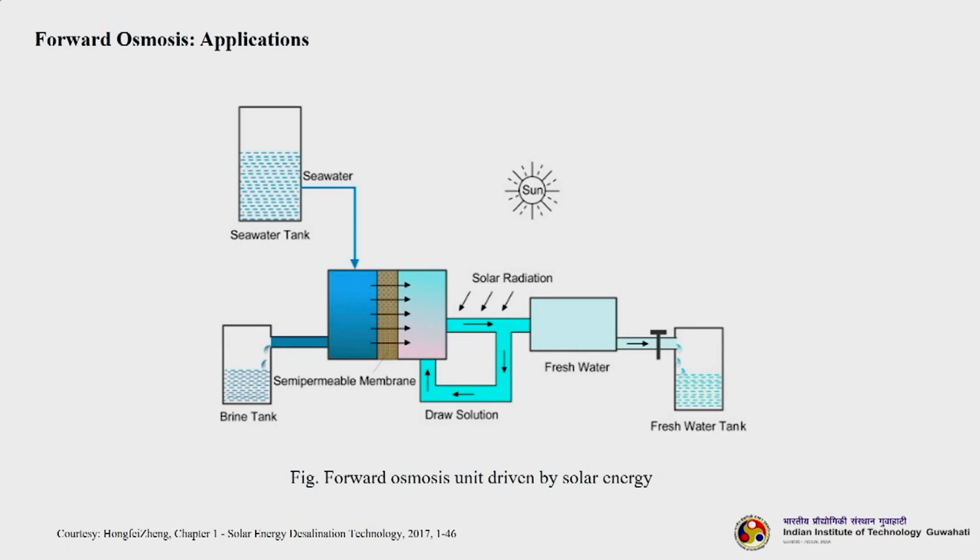Solar radiation plays an important role here. Instead of using any other thermal process to heat the draw solution, solar radiation can be used to heat it, and then it will come to a tank where you can get the fresh water.